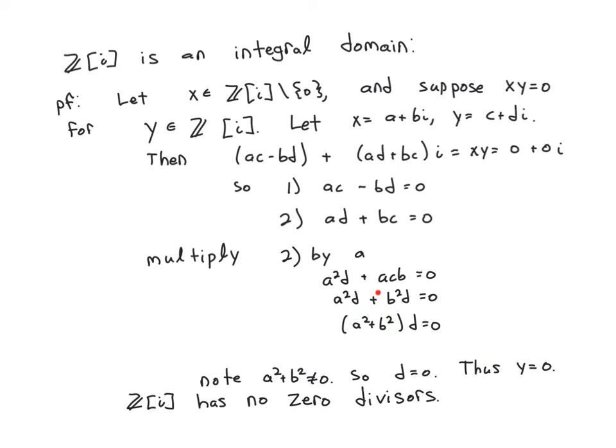I factor out the common factor of d, and now I conclude that d is equal to 0. So from these two equations, I discover that the real and imaginary parts of y are both 0, so y is actually 0 itself. So x is not a zero divisor. The Gaussian integers have no zero divisors.